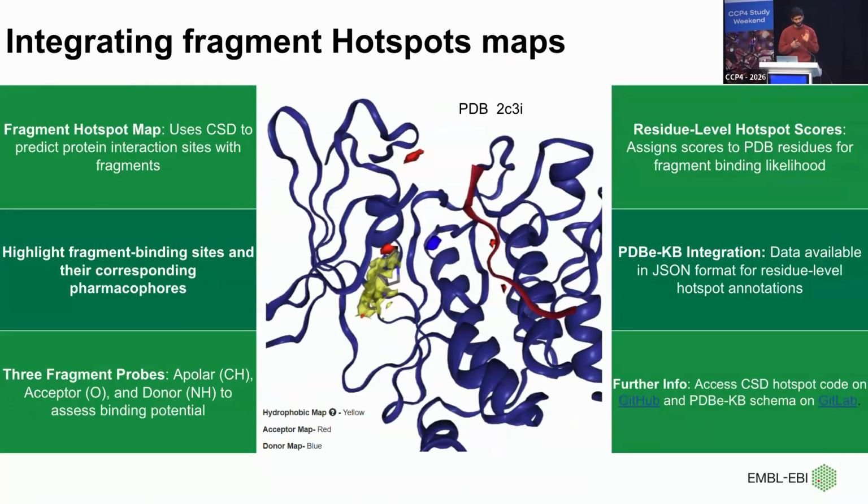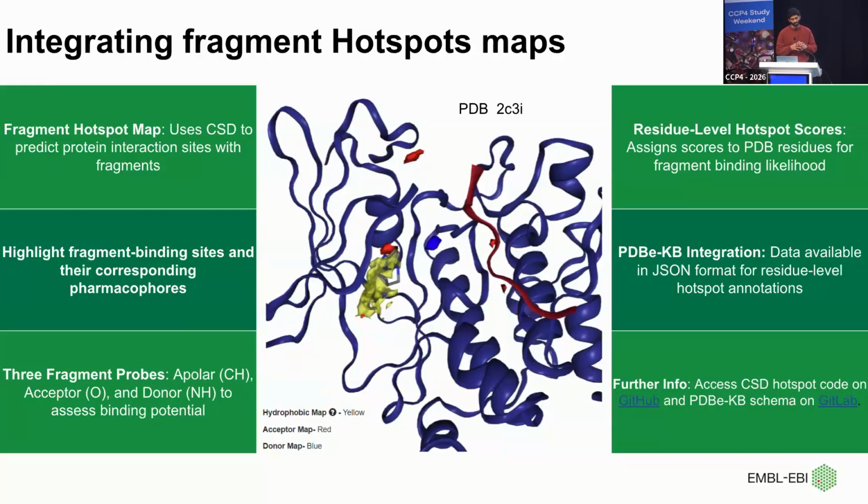In this case, they used software called Ghecom to identify the pockets, and then used three types of fragments with properties, polar, acceptor and donor. You place these molecules inside the pocket, then do different iterations of rotations to see which sites these fragments bind to, and then create a map of the areas where the fragments are likely to bind.